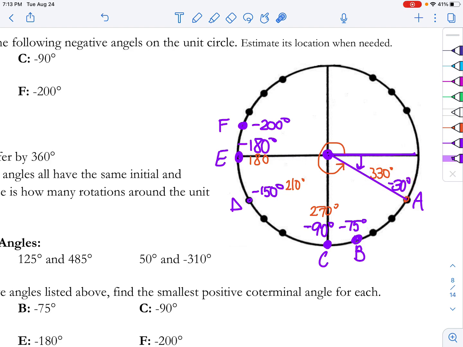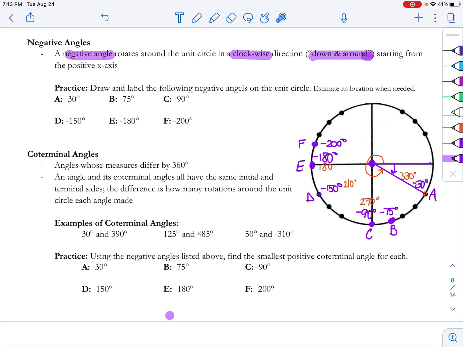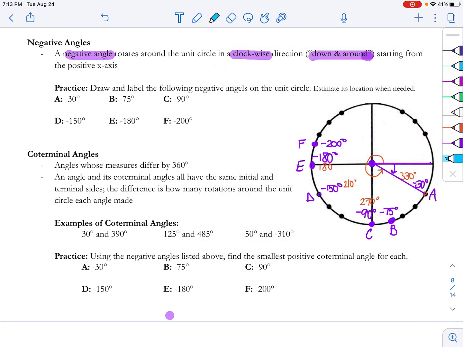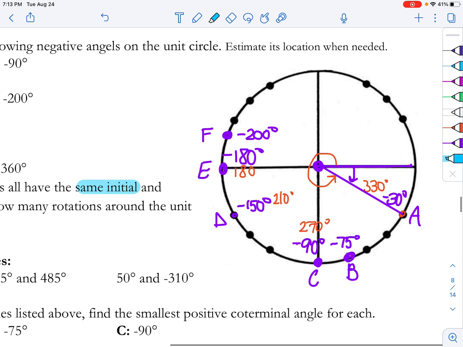Angles like these are called coterminal angles. So coterminal angles, like we see here, we'll use a different color here, they have the same initial and the same terminal sides. The difference is the direction that they're rotating, but also how many times they're going around.